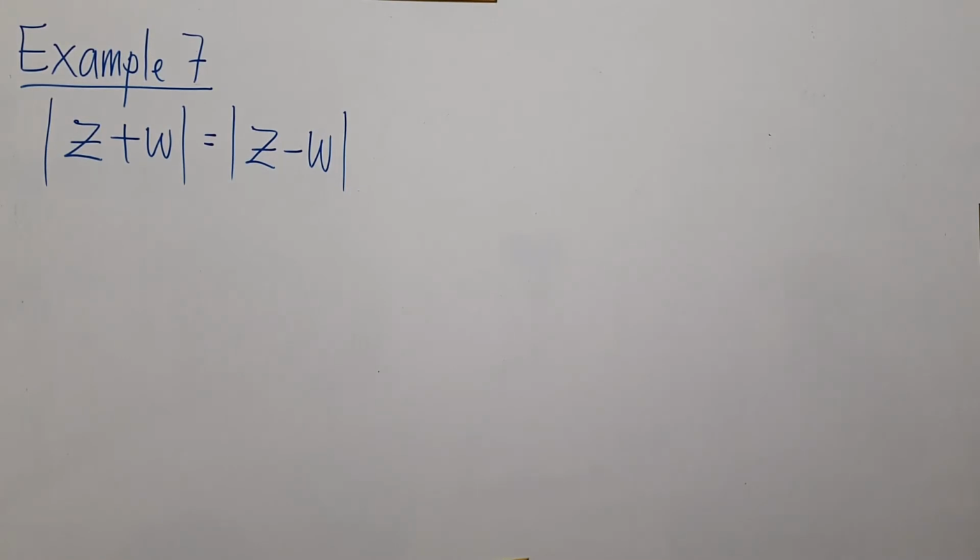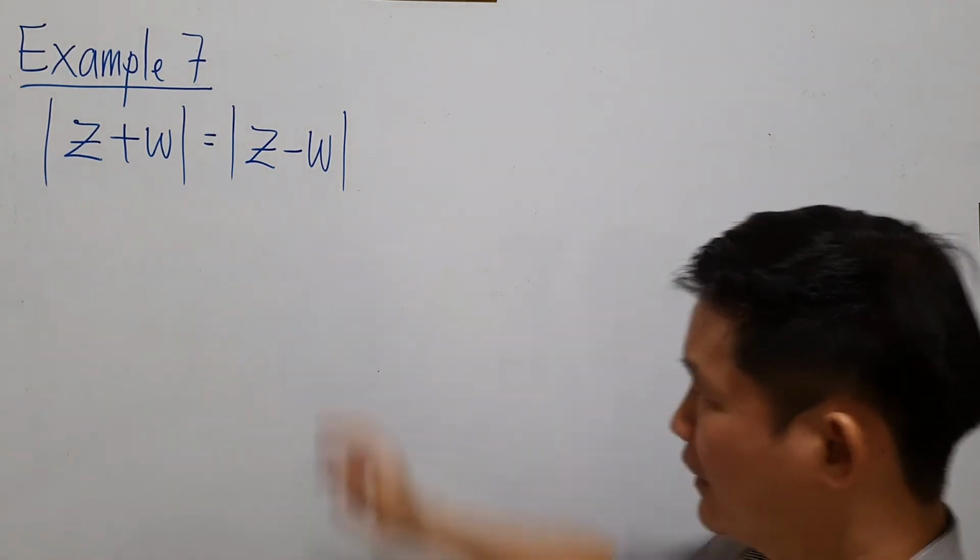In example 7, example 7 is actually a proof question. In example 7, you are given that there are two complex numbers, both of them are non-zero, and they satisfy this equation, right?